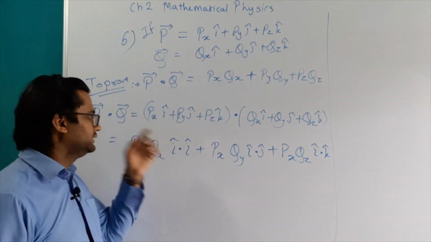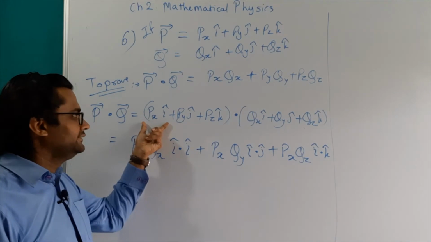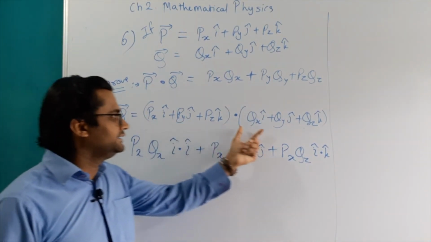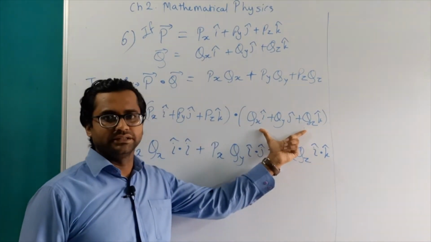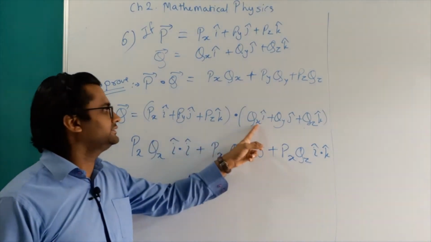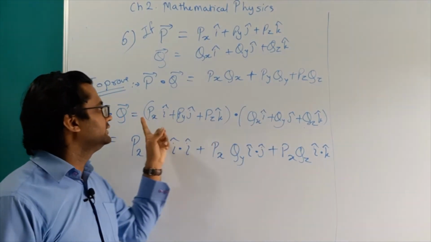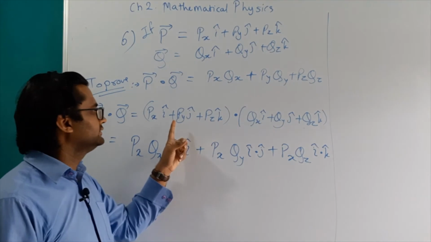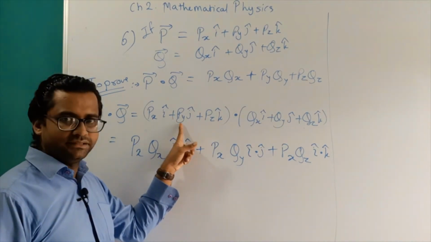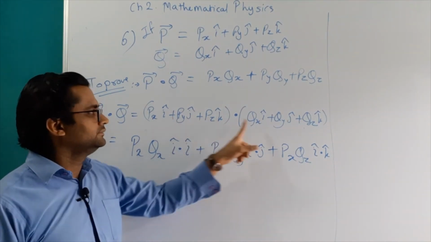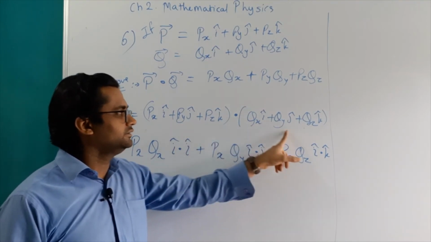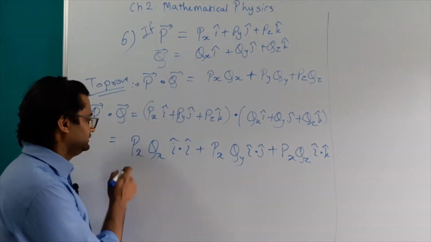Let me explain this once again. We will multiply the first term by each term in the second vector: first into first, first into second, first into third. In the same way, we will multiply the second term by the first, second into first, second into second, second into third. So let us write that.